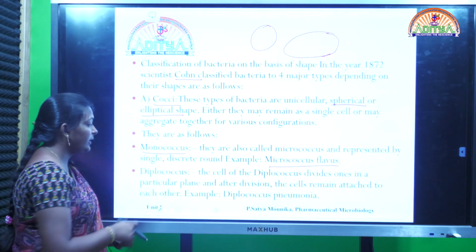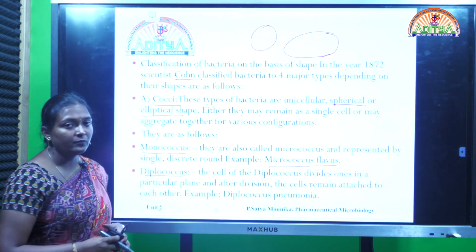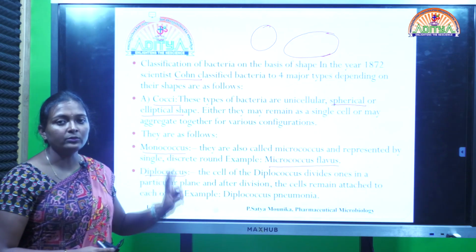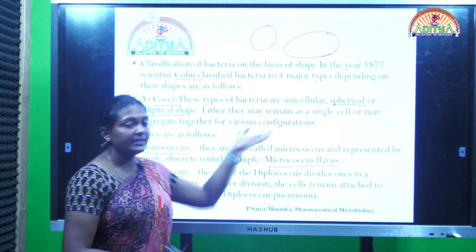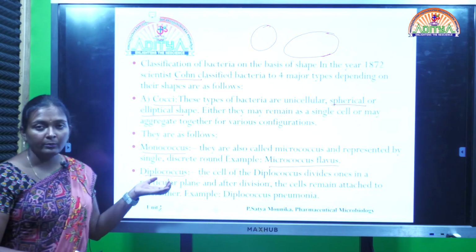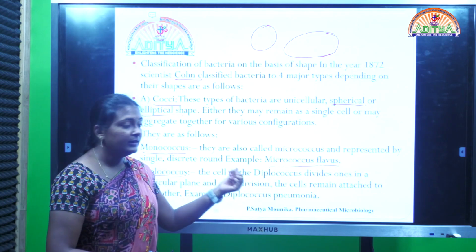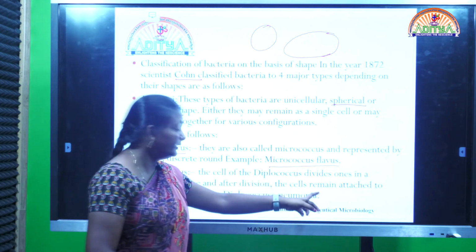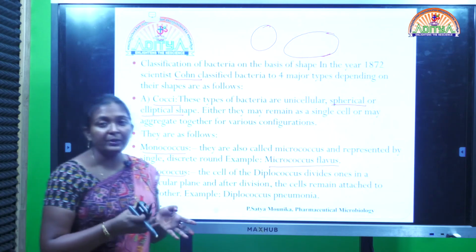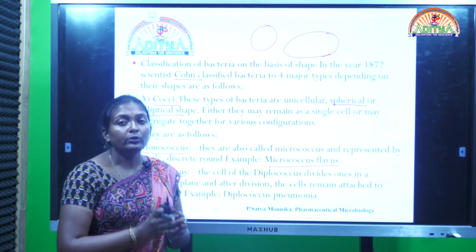Now the next subtype is Diplococcus. Monococcus means single; when it comes to diplo, we observe two cells. When we said that single cells get aggregated, in Diplococcus the bacterial cell divides in a plane so that it appears as two different cells.